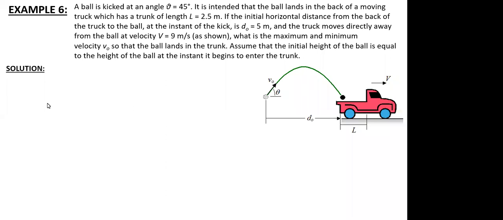Then t when y is equal to 0, 0 is equal to minus 9.8 by 2 t square plus v by root 2 t. 0 is equal to t in bracket minus 4.9 t plus v by root 2. Then t is equal to 0, minus 4.9 t is equal to minus v by root 2. Then t is equal to v by 4.9 root 2. Fine. So you got that value of time.